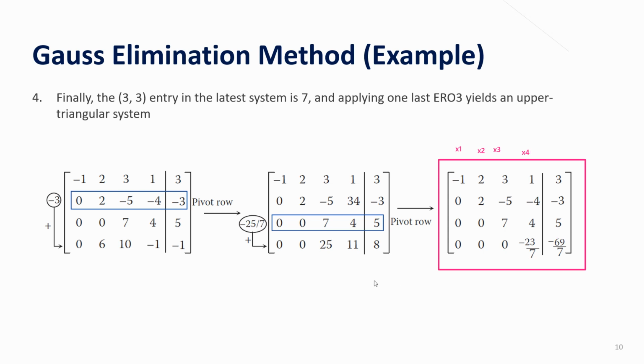From the last row, row 4, it means 0 multiplied by x1, 0 multiplied by x2, 0 multiplied by x3, and finally x4 multiplied by minus 23 per 7 equals minus 69 per 7.